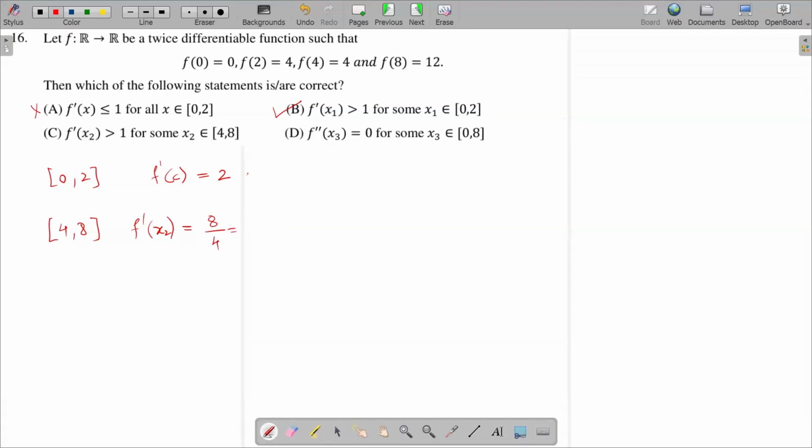So again 2. So this is also true. And D, oh, this is similar to what we worked with. Is D true?